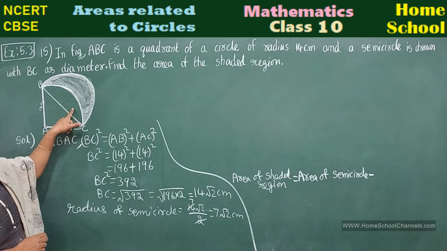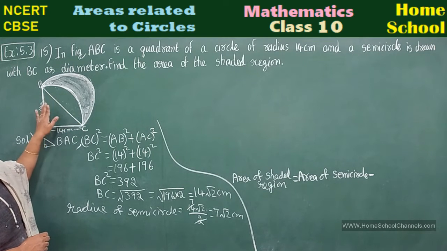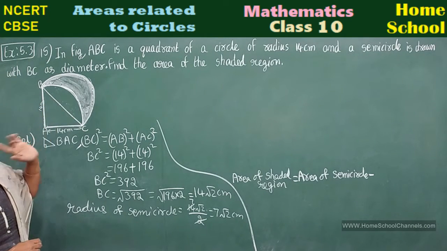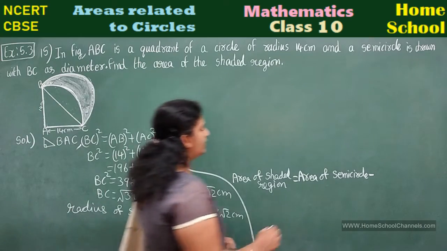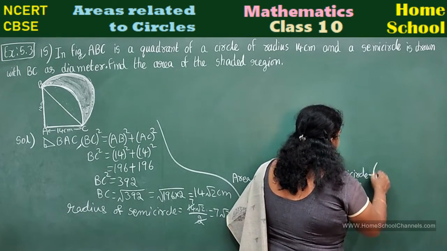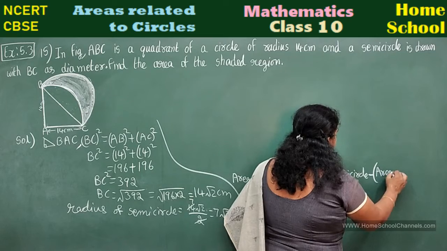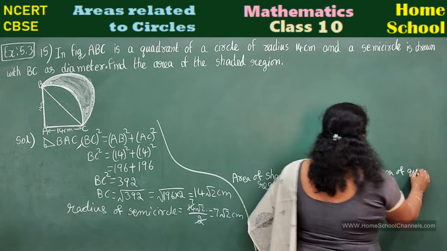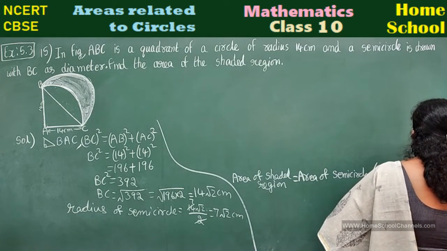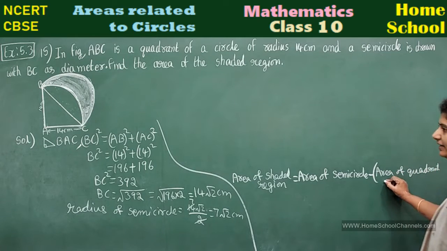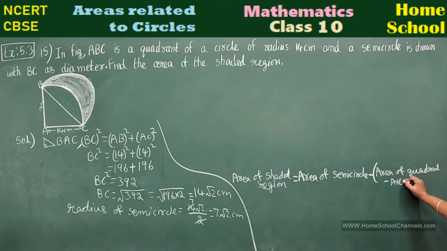How are we going to get this? In the area of the quadrant, if you remove the triangle, you are going to get this area. That means minus, put a bracket, area of quadrant minus area of triangle ABC.